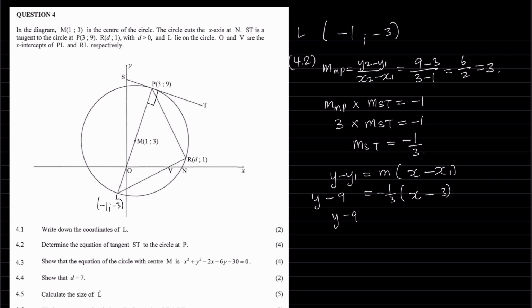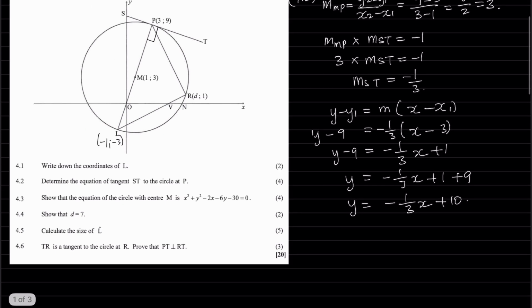So y minus 9 is equal to minus 1 over 3 x plus 1. y is equal to minus 1 over 3 x plus 1 plus 9. y is equal to minus 1 over 3 x plus 10.